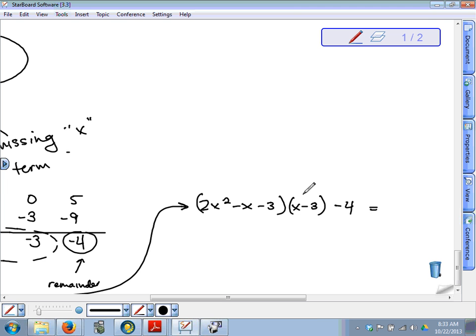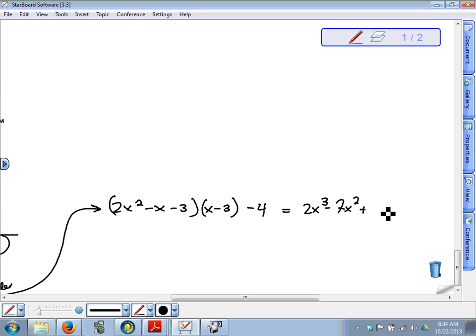So this is the quotient, this is the divisor, and we added the remainder. What should the result of this all be? 2x cubed minus 7x squared plus 5. It's a different way of representing what we just did.